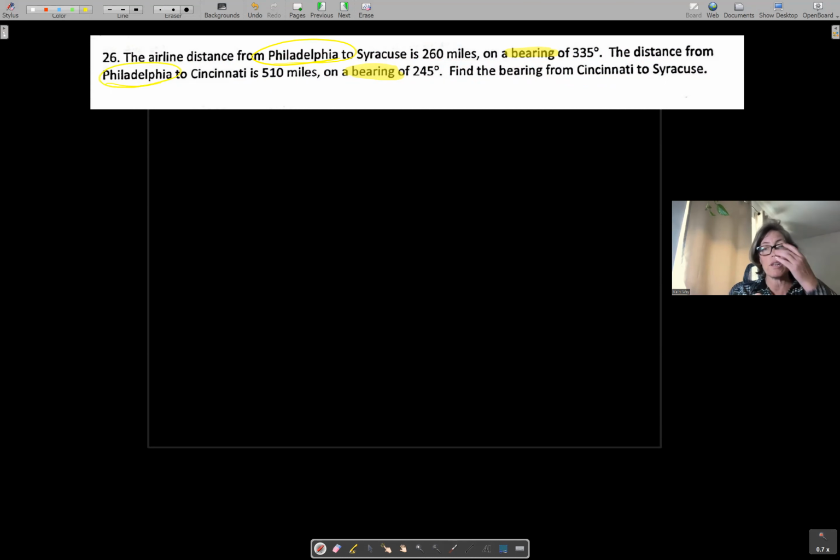So Philadelphia is kind of the center point. I'm going to start at Philadelphia. There's bearings for all of these, so I'm going to draw a north line for all of them, and I'm going to use a straight edge to make this a little bit more consistent.